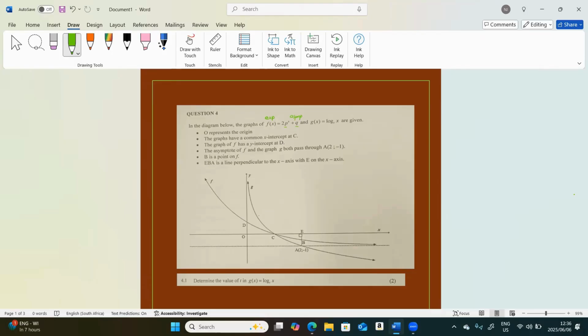On the sketch, this dotted line over here is going to be our asymptote.